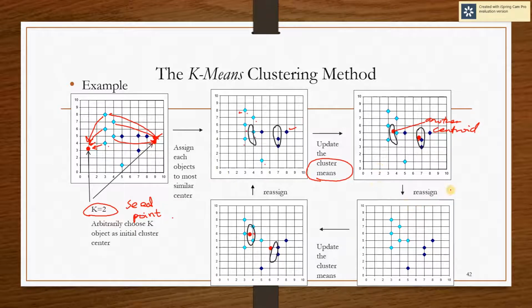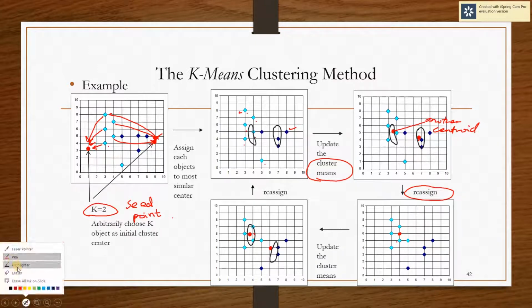Then once you get the new centroids, you have to reassign the objects again with the new centroids. So for example, you say that now my new centroid is somewhere around here. Sorry, it is not there, it is somewhere around here, right? Let me just erase this.